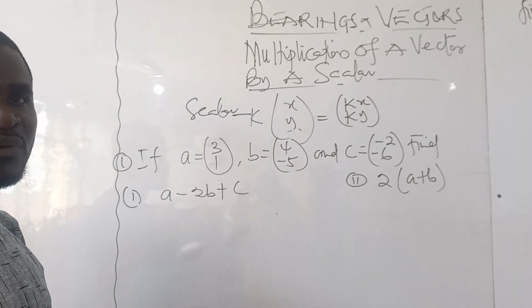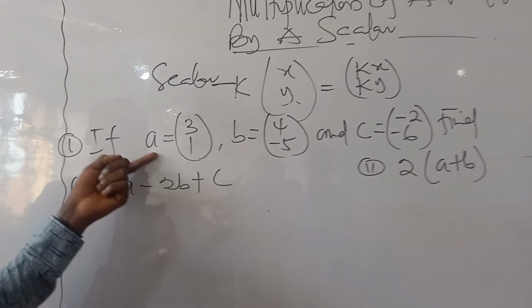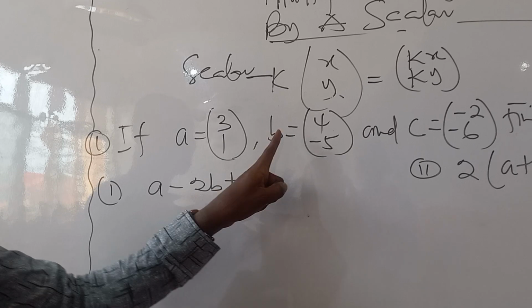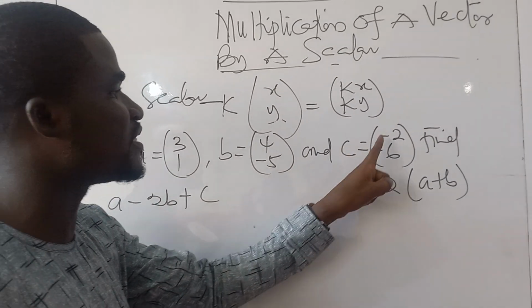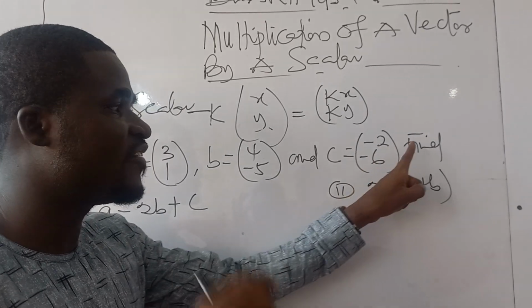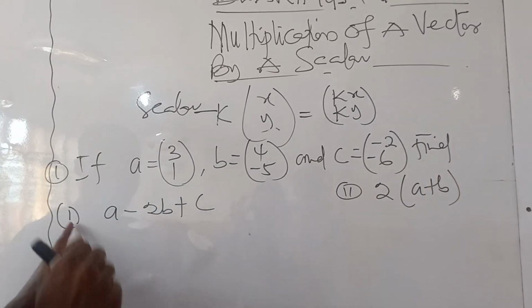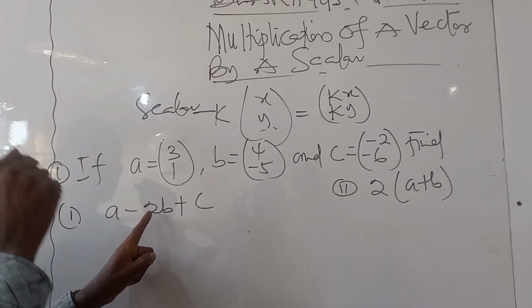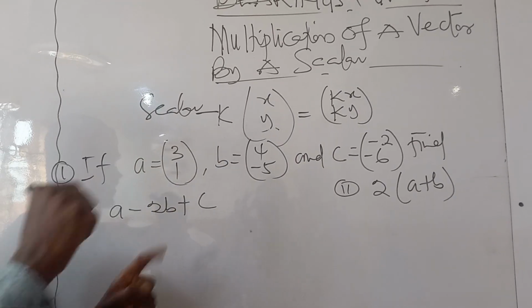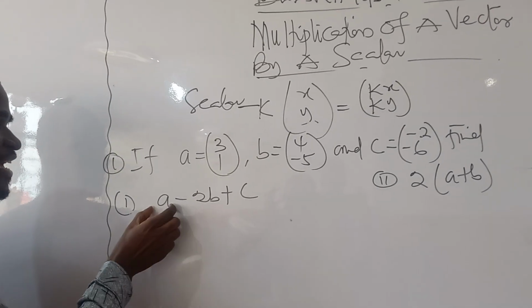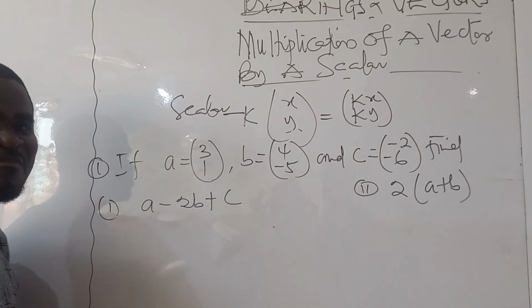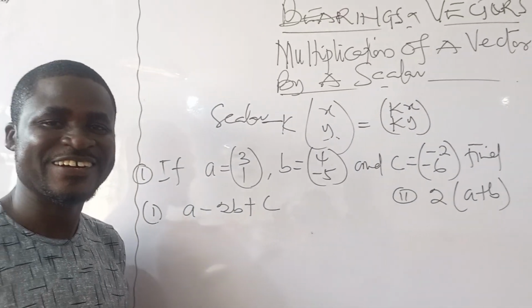The first example says that if a equals (3, 1), b equals (4, -5), and c equals (-2, -6), find a minus 2b plus c. It means that wherever you see a, put the values there. That's all. Math is very simple.